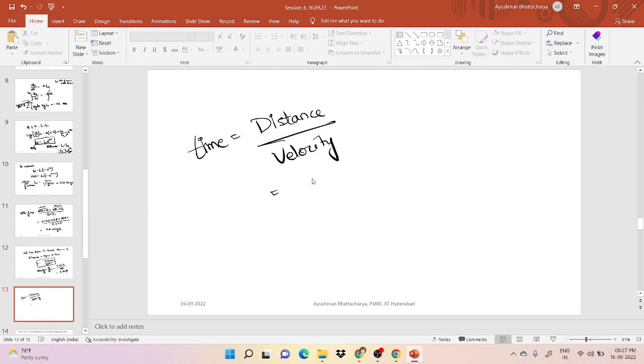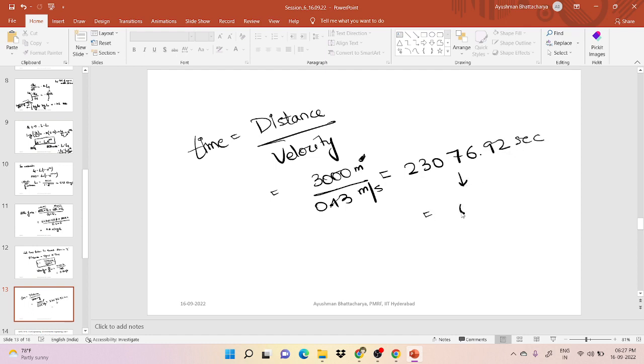So distance comes out to be 3000 divided by 0.13, which we just calculated. Since distance is in meter and velocity is in meter per second, the value will come out to be 23076.92 seconds. If you convert it into days, it will come out to be 0.267 days.